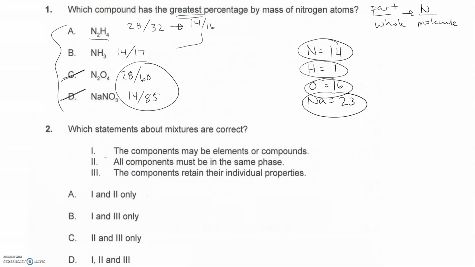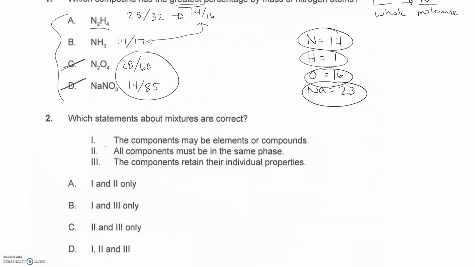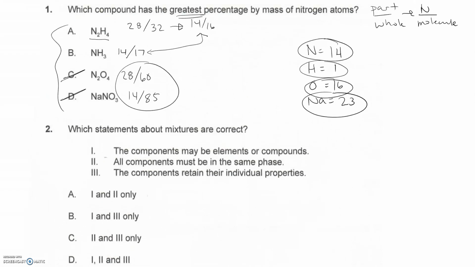I could have done 7/8 and so forth, but I didn't need to, because I knew from having done the calculations that I was going to have a 14 in both of these, and then 1's over 17, 1's over 16. Since we know a little bit about fractions, we know that 14/16 is going to be a larger number than 14/17. So A is the correct answer for number 1.